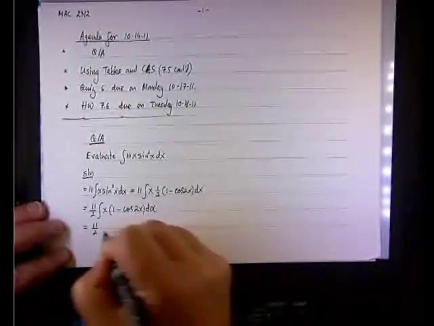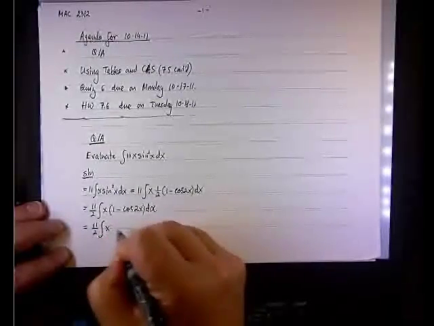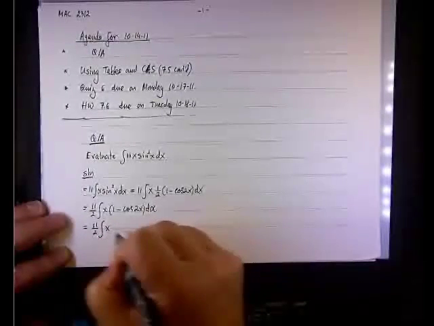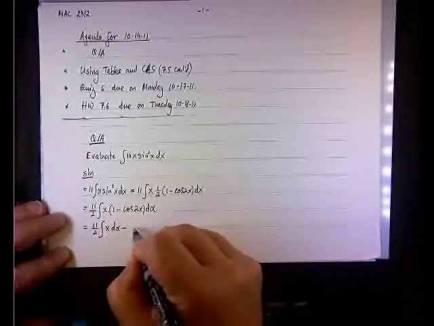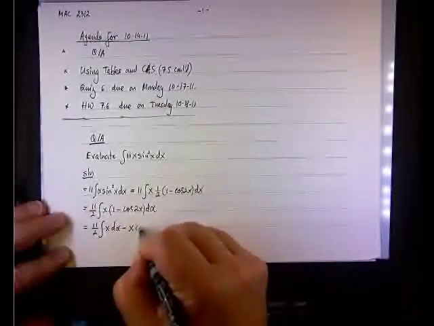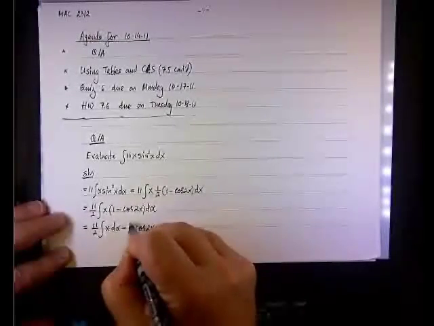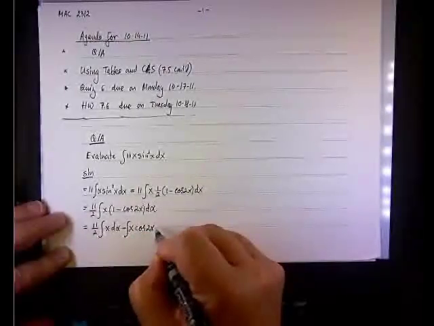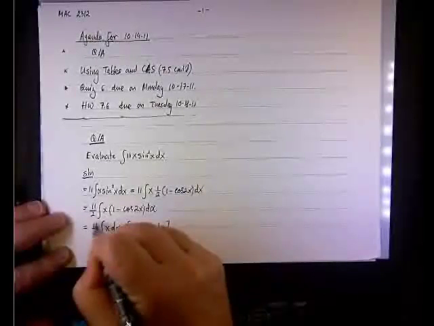Well, I'm not. So the integral of x dx, sorry, minus the integral of x cosine 2x dx. You know what? For the same price, we might as well distribute the integral itself.